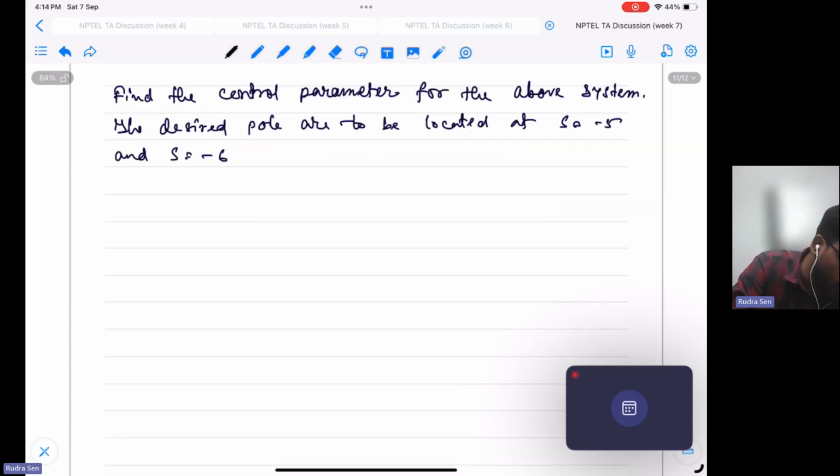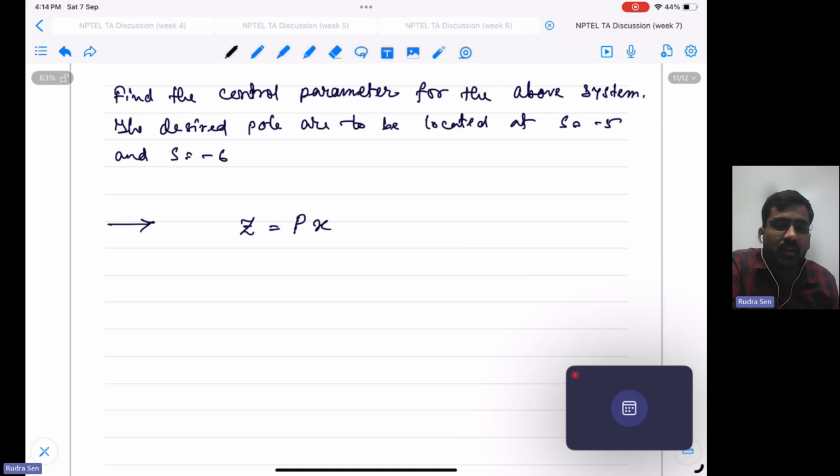So what does the similarity transformation method say? Let's say I have a system, and I take another state z in this structure, z equals Px. So P is basically a similarity transformation matrix.